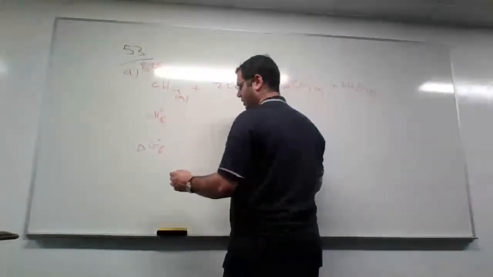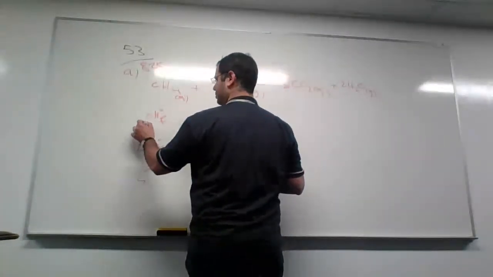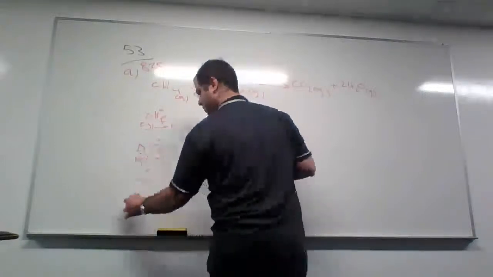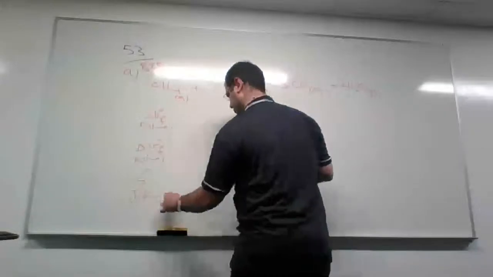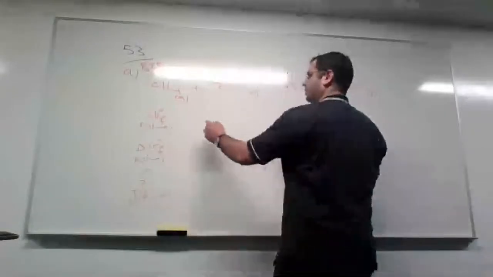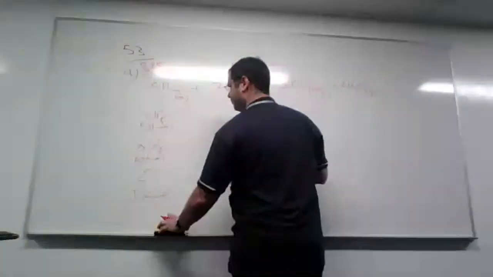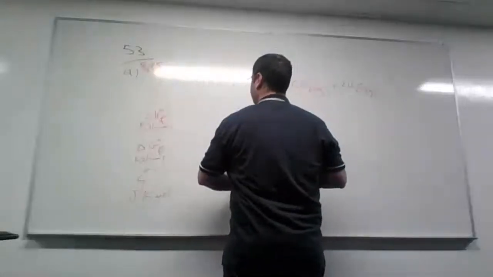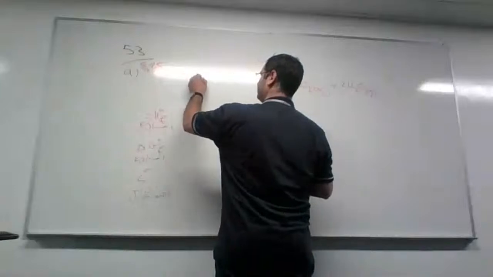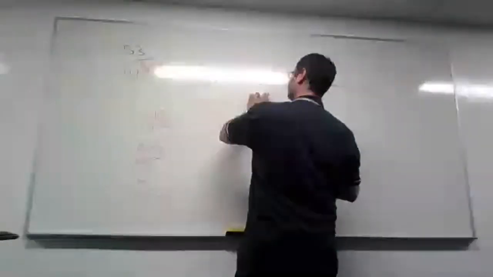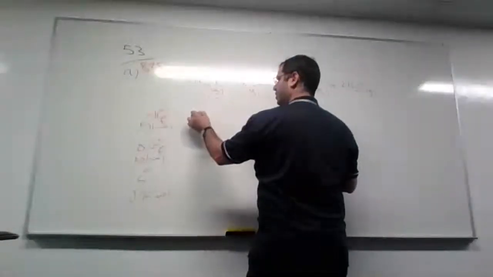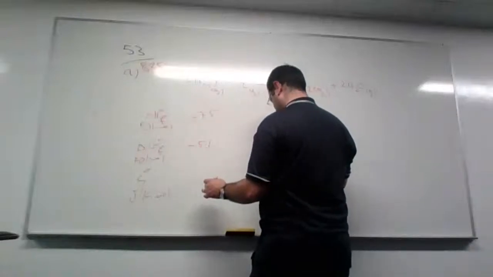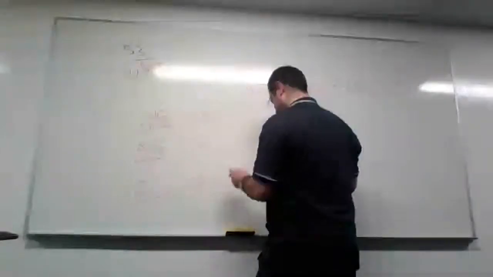You have it in the book, or I don't. This is kilojoule per mole. This is kilojoule per mole. This is joule per Kelvin. I'll give you all the values. -7, -75, -51, 186.